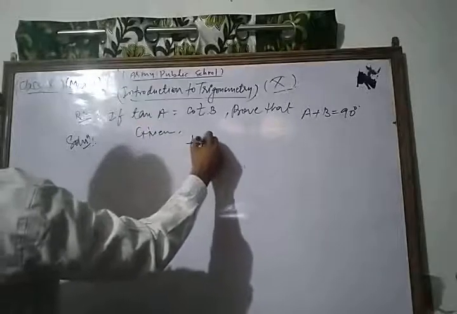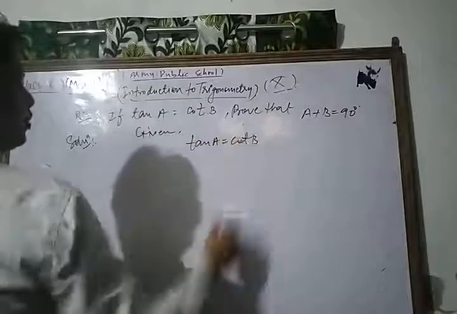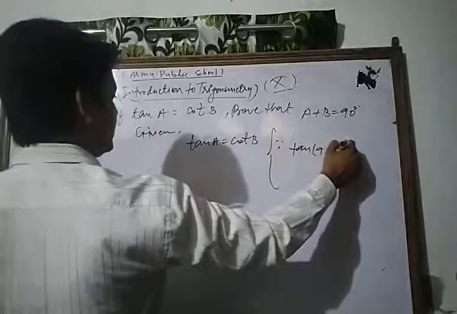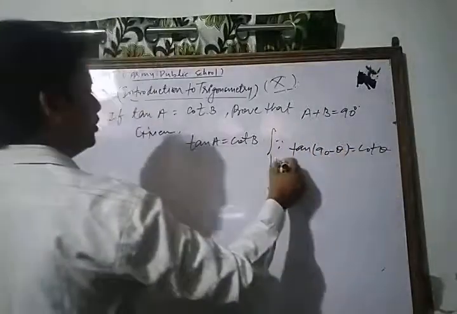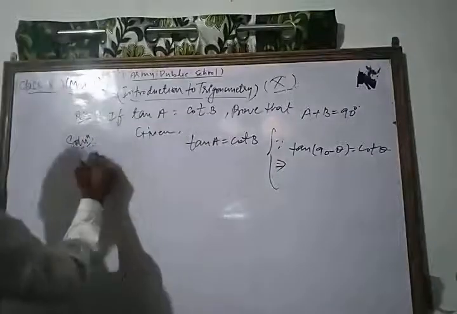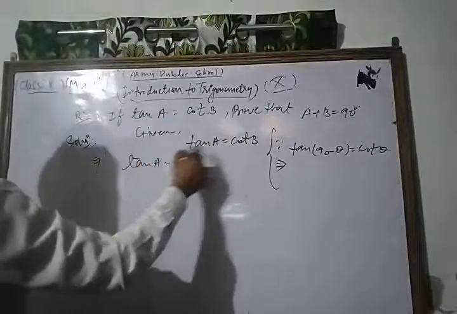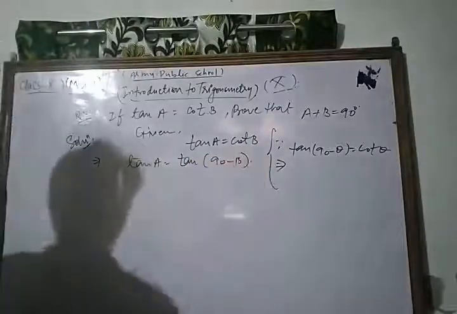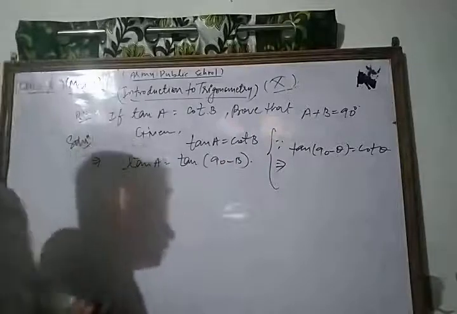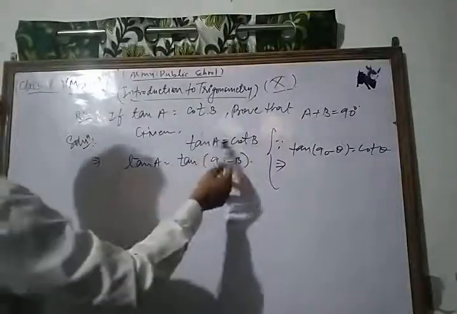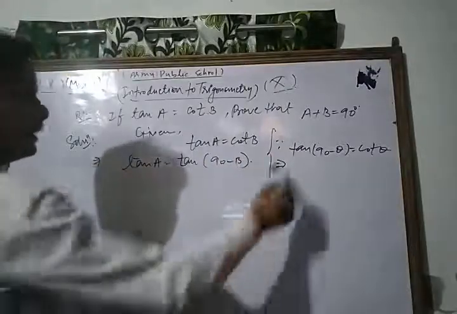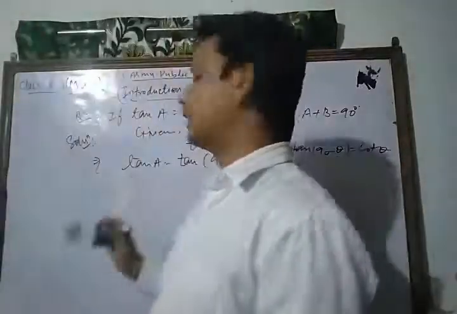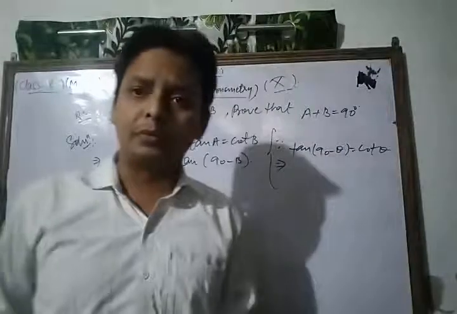Given tan A is equal to cot B. Since we know that tan (90 minus theta) is equal to cot theta, here we can write cot B as tan (90 minus B), because the angle is B. Because tan (90 minus theta) is equal to cot theta, similarly, dear student, we can write tan (90 minus B) as cot B. So we can write in this way.